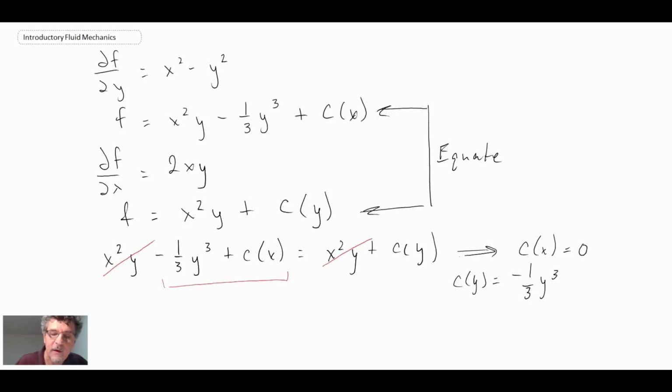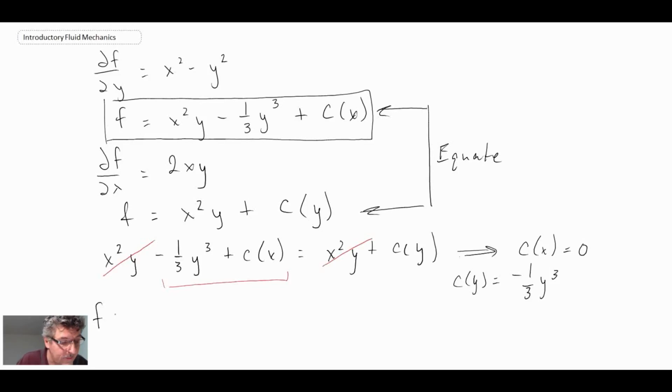So with this, we can place these values back into our function that we have up here, as well as the other function that we have, and we can rewrite the function in the following manner. We get x squared y minus 1/3 y cubed is equal to some constant.